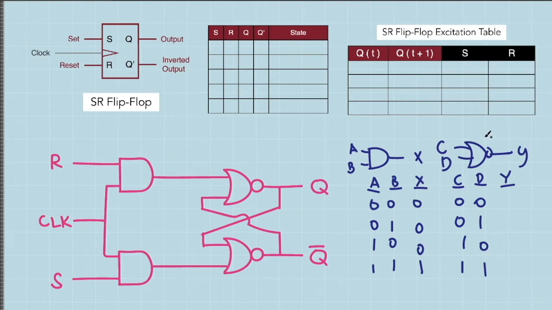So if this is an ordinary OR gate, this will be 0, 1, 1, 1. But since this is a NOR gate, we will reverse or complement this. So we will have 1, 0, 0, 0.